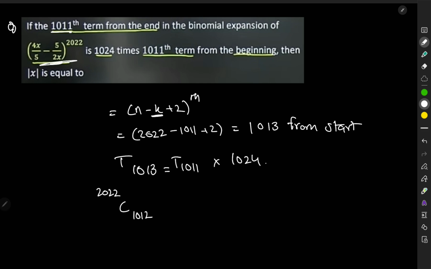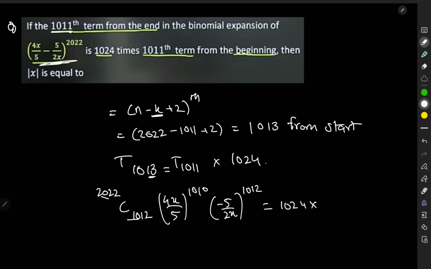We need to take 1 minus for r, and (4x by 5) to the power this minus this, 1010, and (minus 5 by 2x) to the power 1012, which will be equal to 1024 multiplied by 2022 C 1011, (4x by 5) to the power this minus this, 1011, multiplied by (minus 5 by 2x) to the power 1011, right?